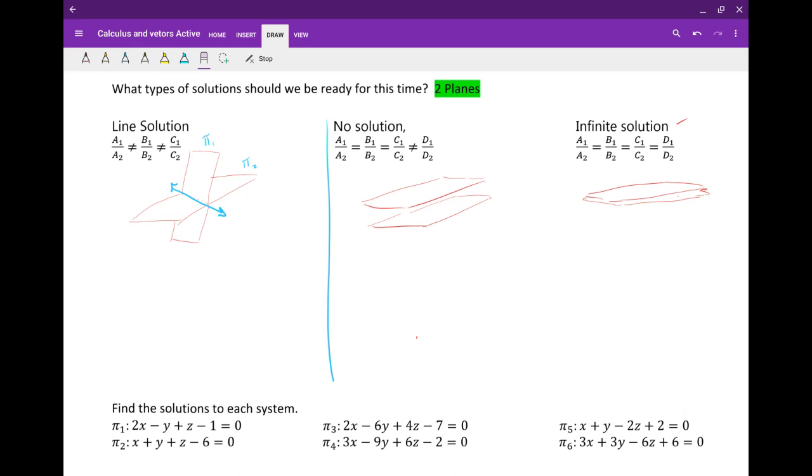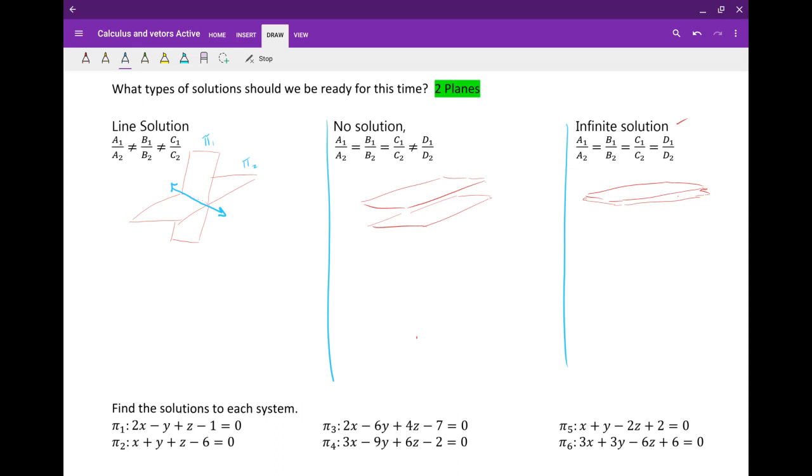They each have an A, B, and C in their scalar equation. I'm going to do all of this in scalar equations, by the way. So if you happen to get planes in vector form, go ahead and convert them out of vector form so that you can perform your calculations like I've demonstrated here.